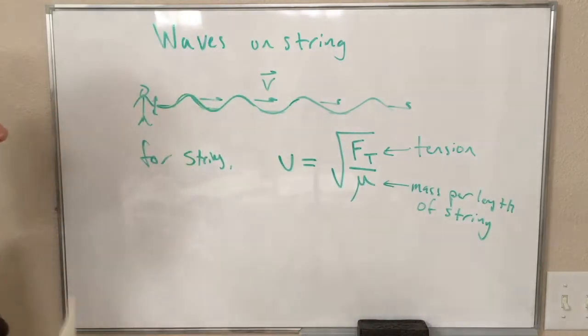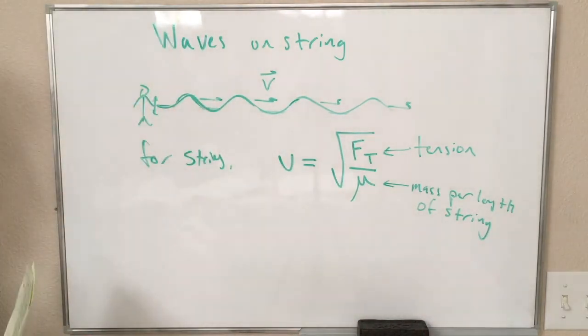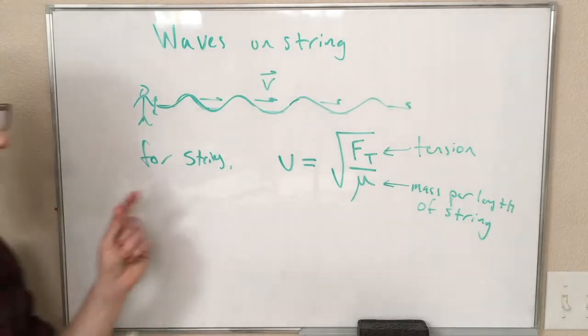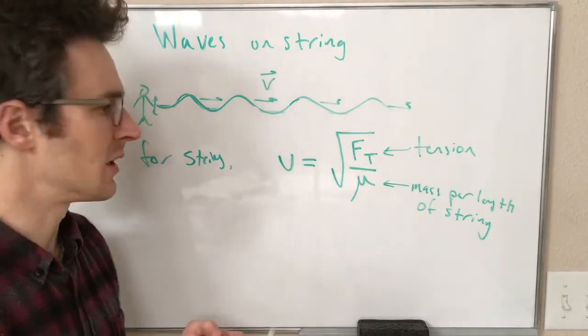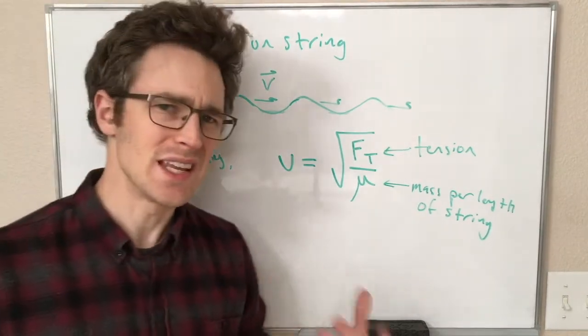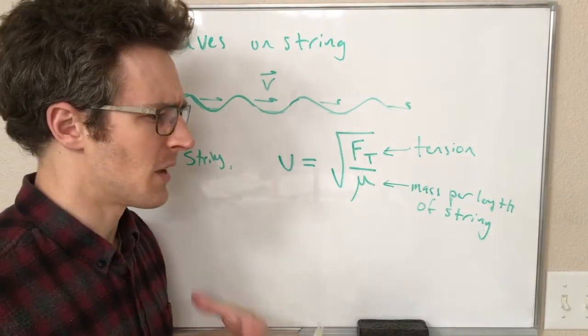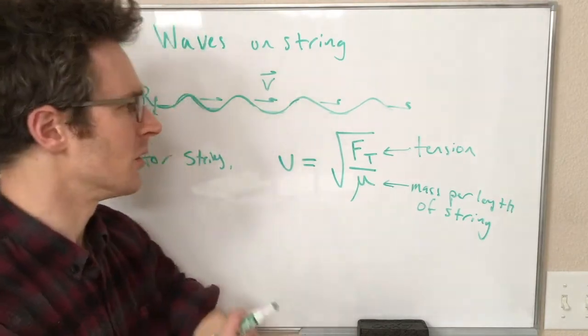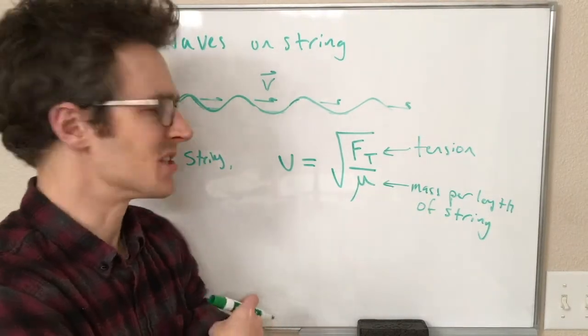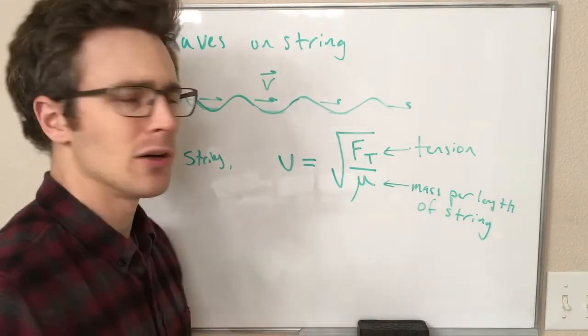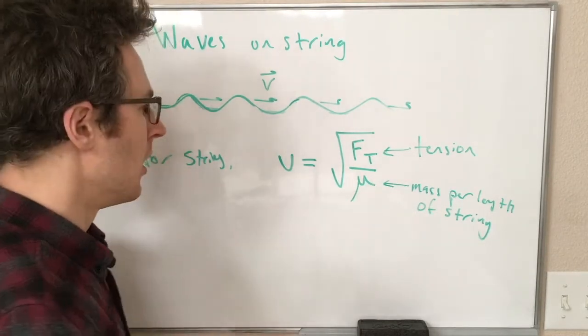So tension we know. So the mass per length here is just a way of saying how thick or how heavy the string is. You could almost call it a density, but we don't mean density mass per volume, that we usually mean when we talk about density. Sometimes this is called the linear mass density of the string.